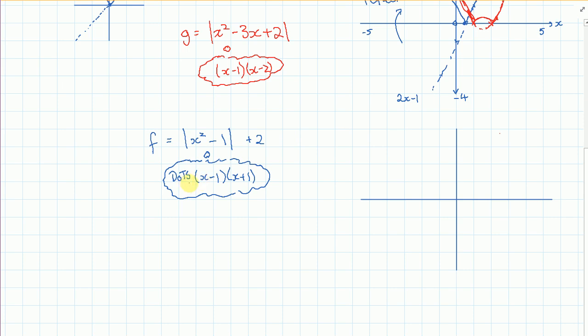We know the difference of two squares gives me my axis crossings at minus 1, plus 1, and we know it's going to be quadratic, coming down, crossing at minus 1.